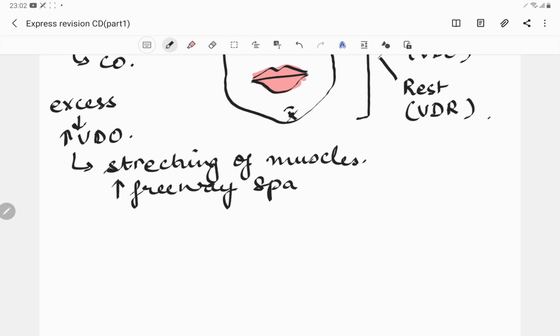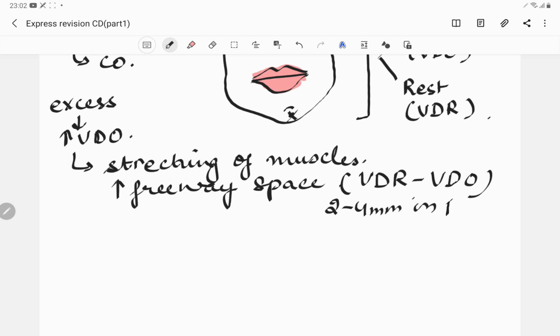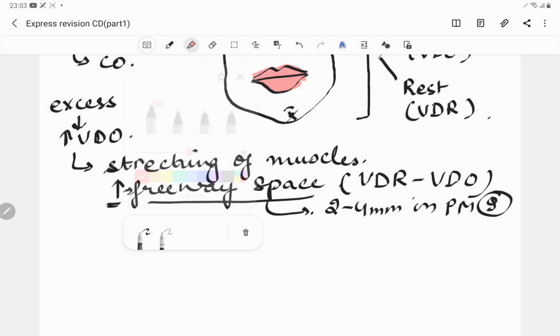What is freeway space? Freeway space is the space between the vertical dimension of rest minus the vertical dimension of occlusion, which is usually 2 to 4 millimeters measured in the premolar area. So there is going to be an increase in the freeway space, and freeway space is VDR minus VDO.